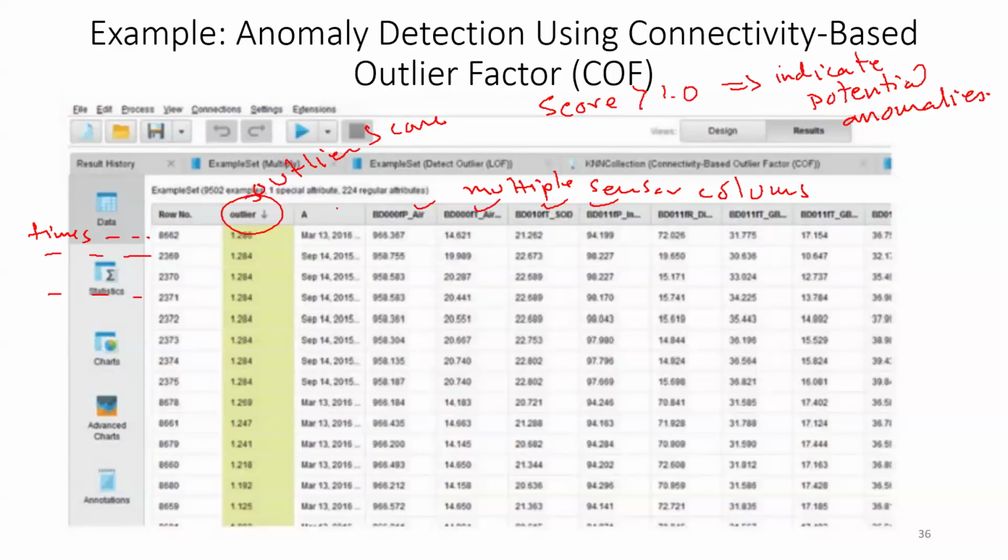The higher the score, the more the reading deviates from the normal operating patterns.